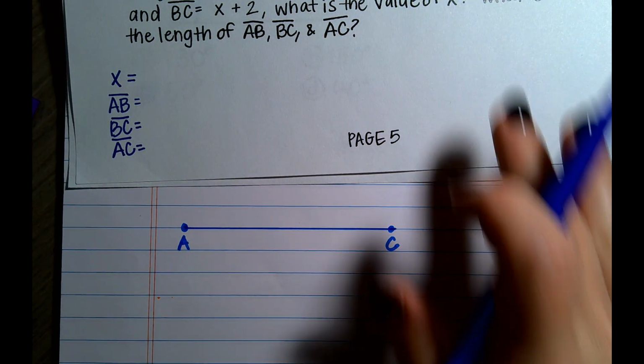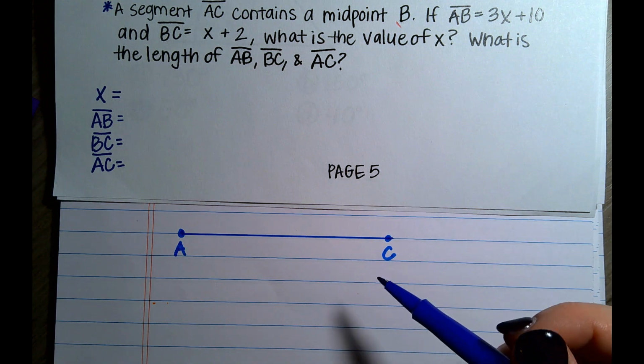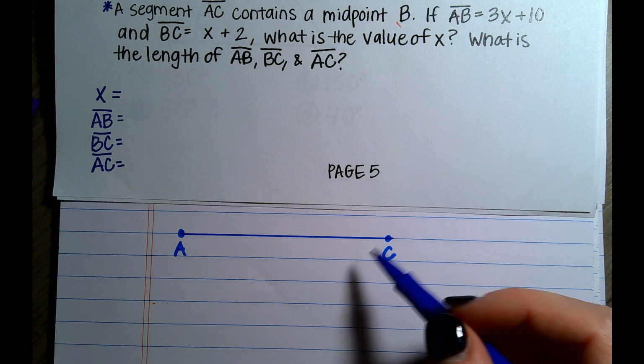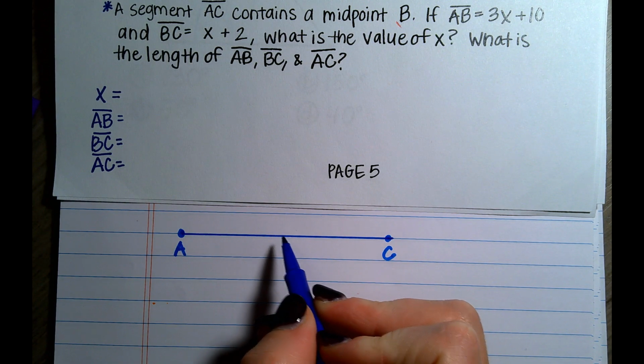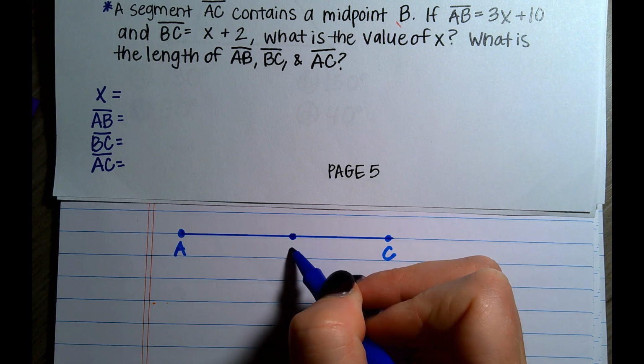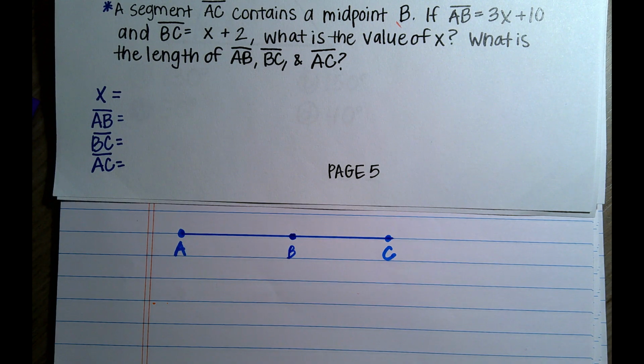Okay, so segment AC contains a midpoint B. So all I have to do there is, I'm just going to kind of guess about the middle, and I'm going to put another point, B. So now I have ABC. I've drawn the picture.